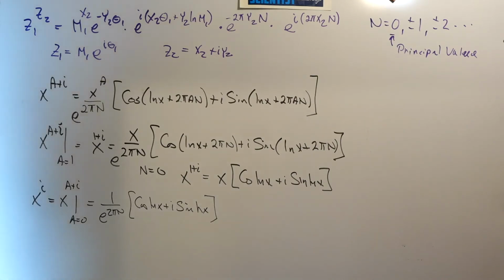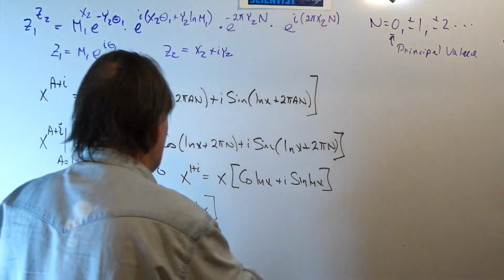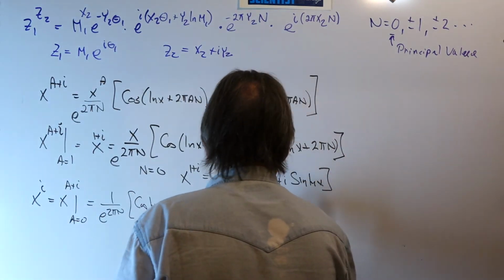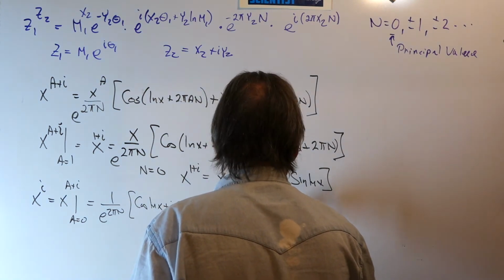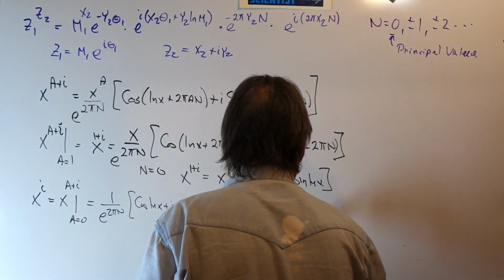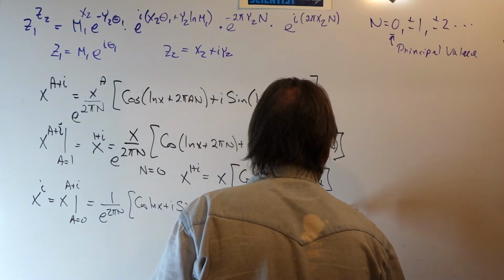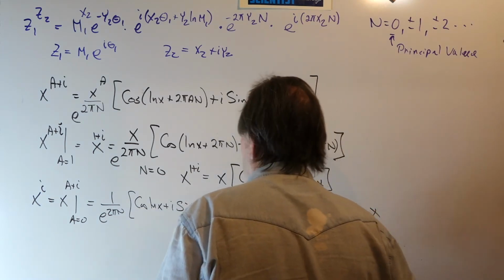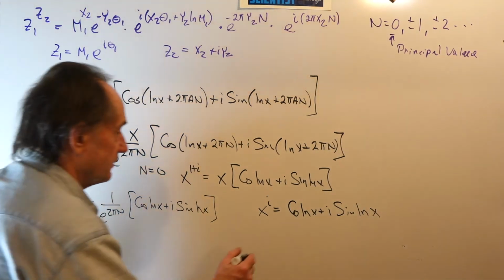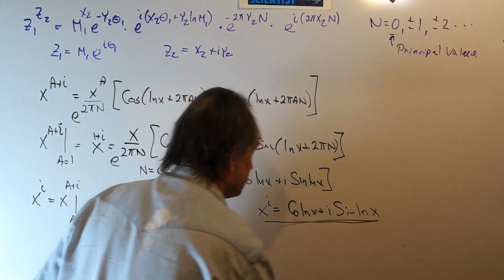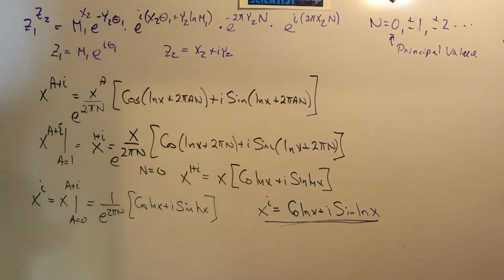Now the principal value on this is when n is equal to 0, so we can write x to the I, its principal value, as the cosine of the natural log of x plus I times the sine of the natural log of x, because when n is 0, e to the 0 becomes 1. So here's the principal value of x raised to the I power.